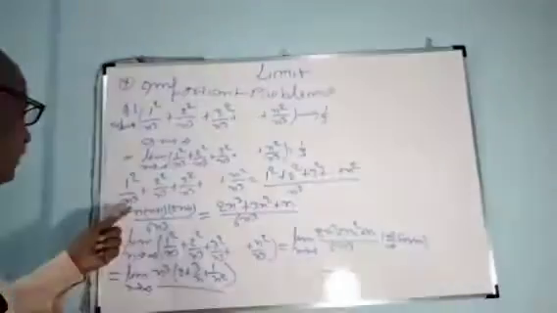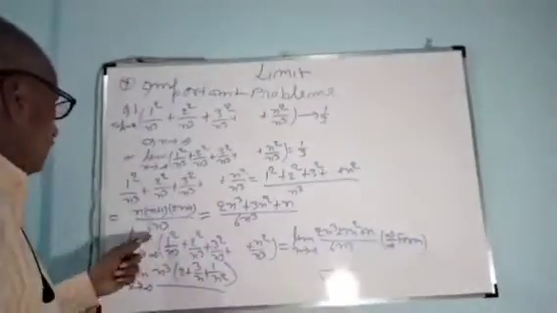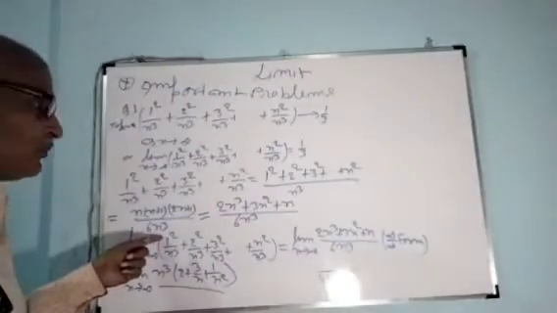That is 1 by 6 into n plus 1 into 2n plus 1. So this denominator becomes 6n cube.